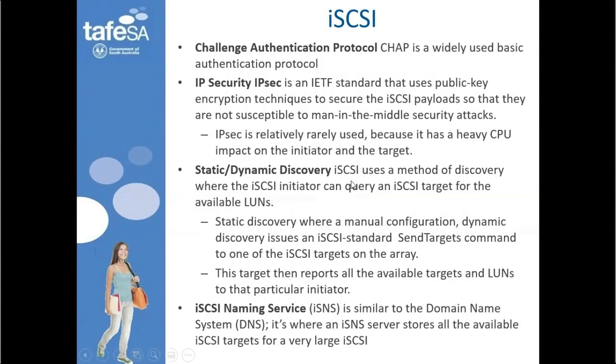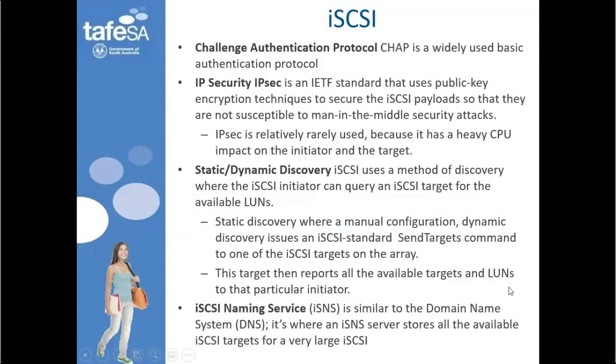We can use static or dynamic discovery. We can tell our iSCSI initiators to dynamically discover what targets are available, or we can manually enter them. Static discovery is used where there is manual configuration. Dynamic discovery issues an iSCSI standard SendTargets command, and basically the iSCSI target will reply.